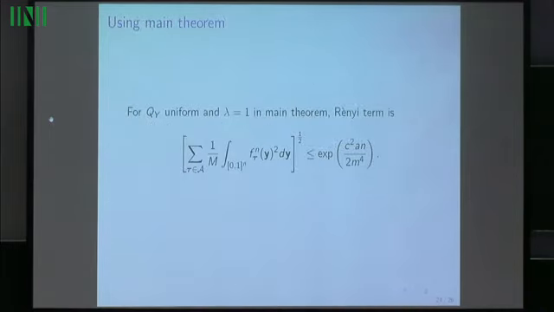Now once you have that packing set, which is all done for us, in this case it turns out to be convenient to take q_y to be the uniform density, and let's take lambda equals 1, and then our Renyi divergence becomes fairly straightforward to bound. This is of the form e to the n over m to the 4. Remember we want this term to be very small.